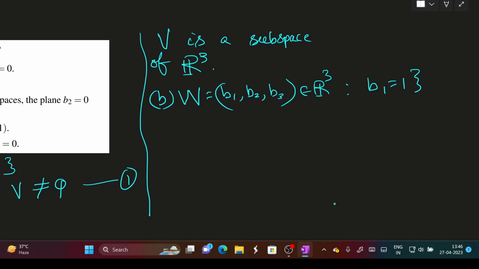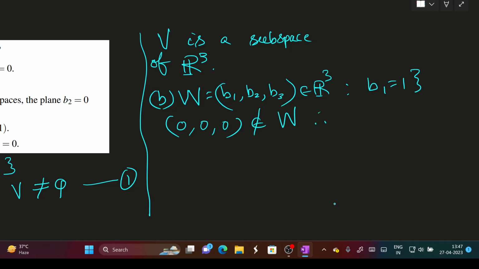That means each element has first component 1. Now take any arbitrary element. First of all, it does not have the zero vector. If any set of vectors does not have the zero vector, then it cannot be a vector space. As (0, 0, 0) is not an element of W, therefore W is not a vector space.